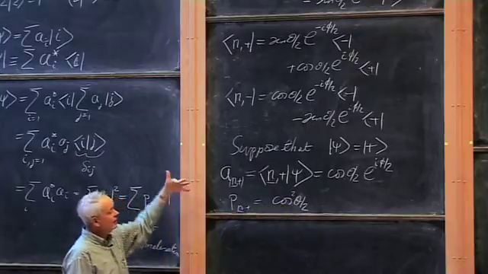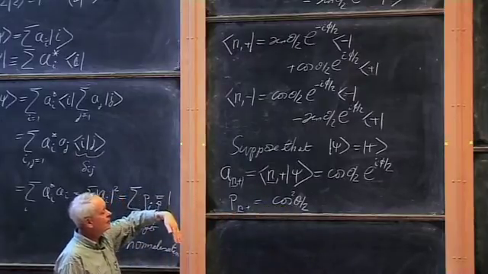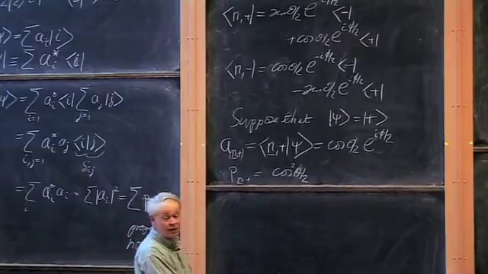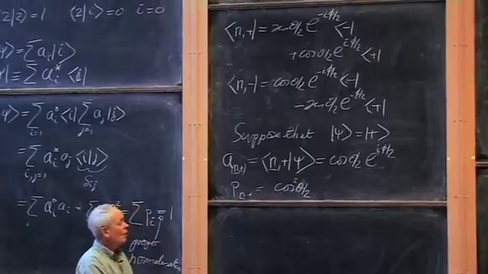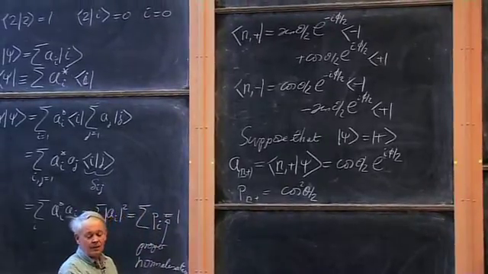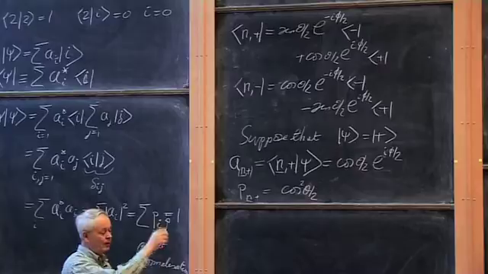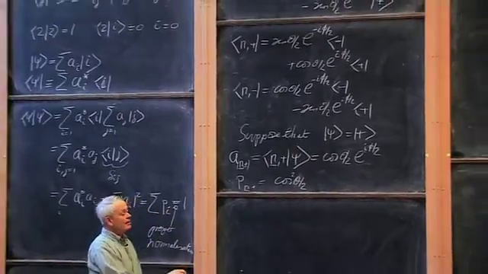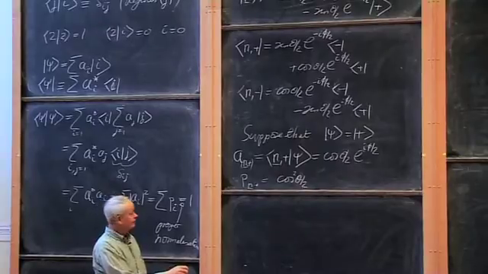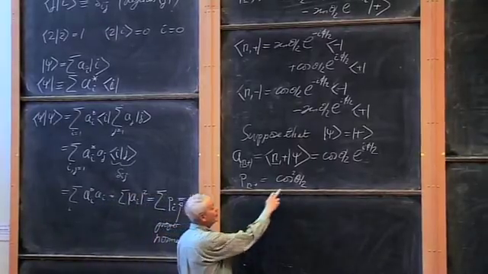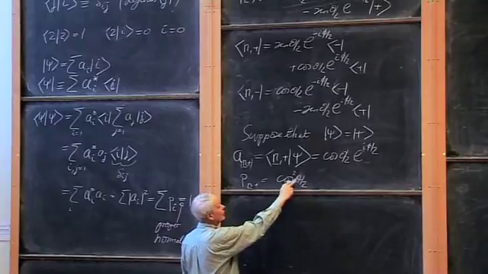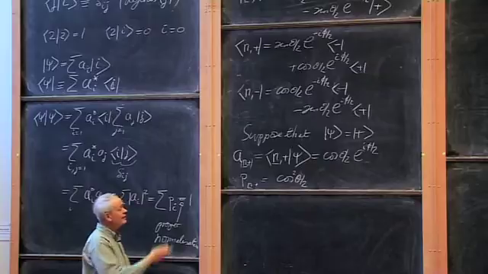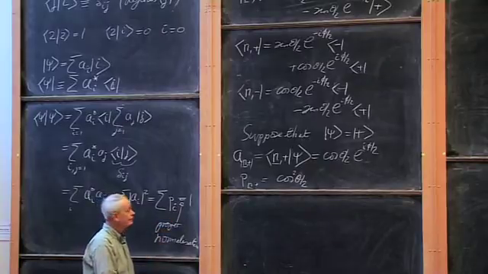When theta is pi, which means that n is pointing in the direction of the minus z-axis, we should get the probability 0, because that's the probability to find that it's pointing down the minus z-axis, which is the same as the probability that we get minus along the plus z-axis. And when theta is pi, lo and behold, we're looking at cos squared of pi upon 2, which is 0. So this does behave in a sensible way.